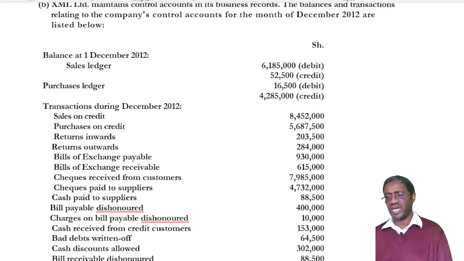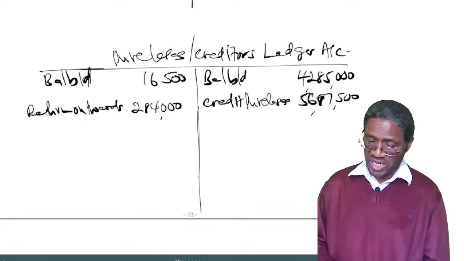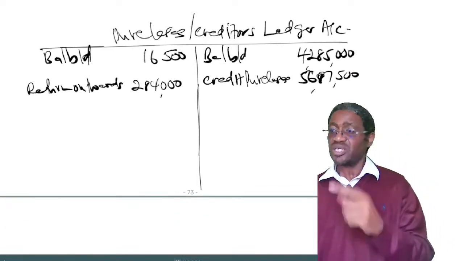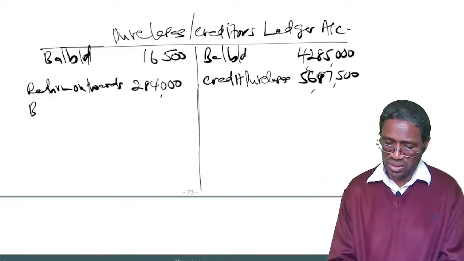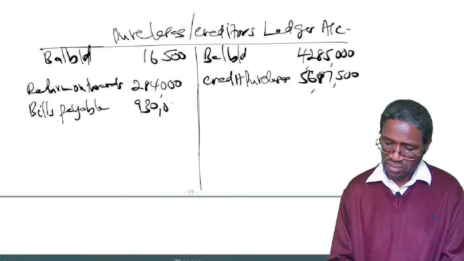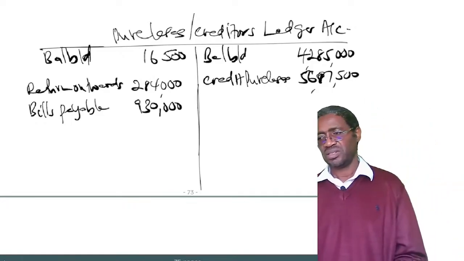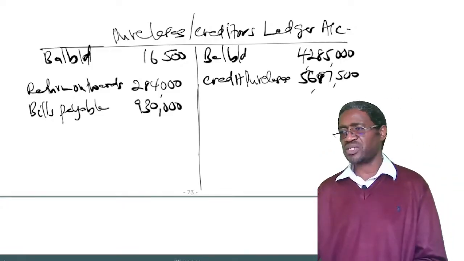How much? 930. When we bought the goods from them on credit, we credited. Now we are paying them using a bill. We accepted that bill. So come and see your bills payable. That is 930. Next. After that, what comes next?